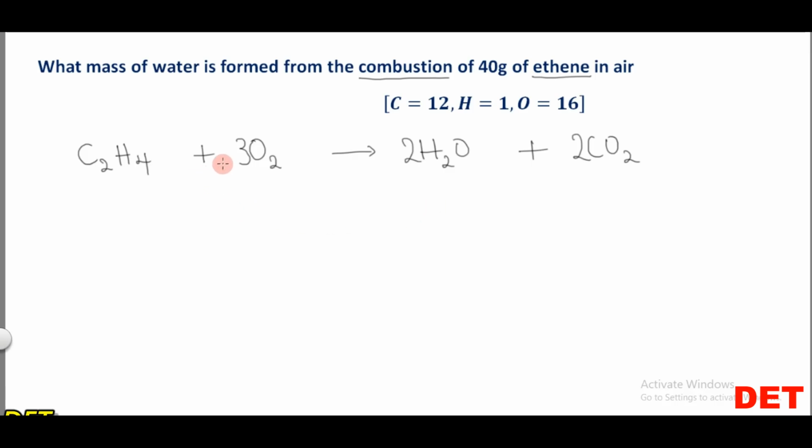Alright, so the next thing I'm going to do is to calculate the mass of ethene that will give this mass of water. So first of all, I'm going to calculate the relative molecular mass of this ethene. So I have C2H4.